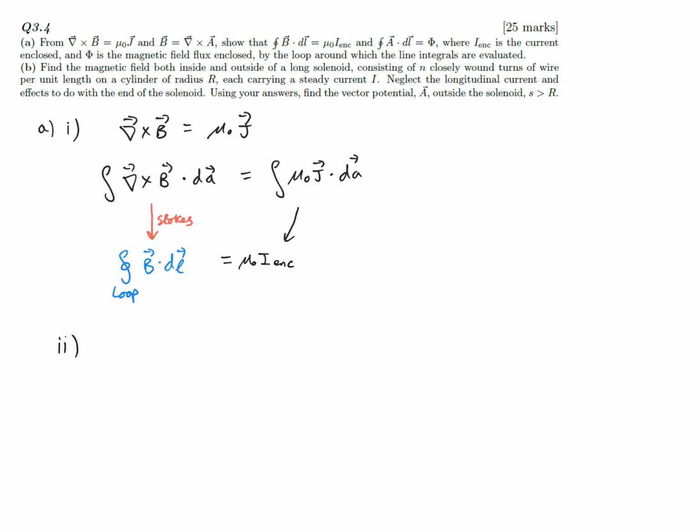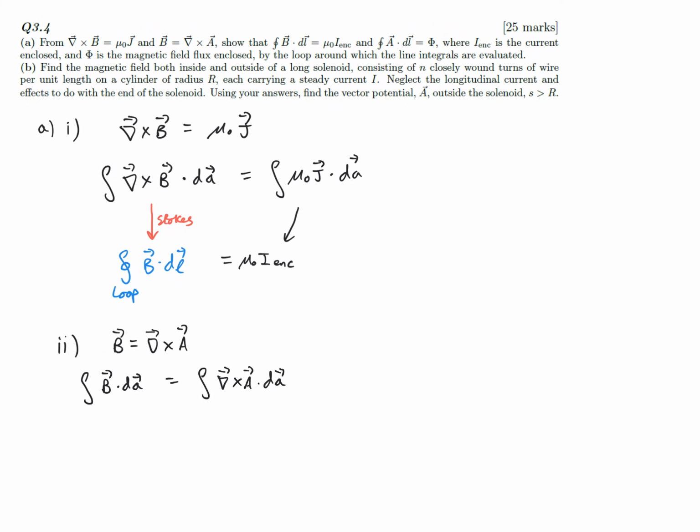I will first write down the expression B is equal to the curl of A, and I will now simply integrate both sides of the equation over some area. So this will be the integral of B dot dA, the vector area, and then integrated over that area. On the right-hand side, I'll have the curl of A integrated over the vector area on the same region.